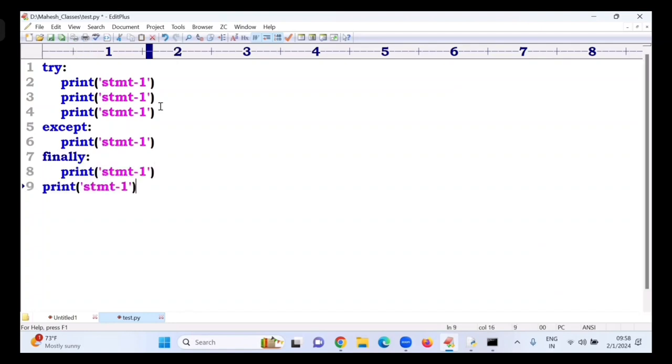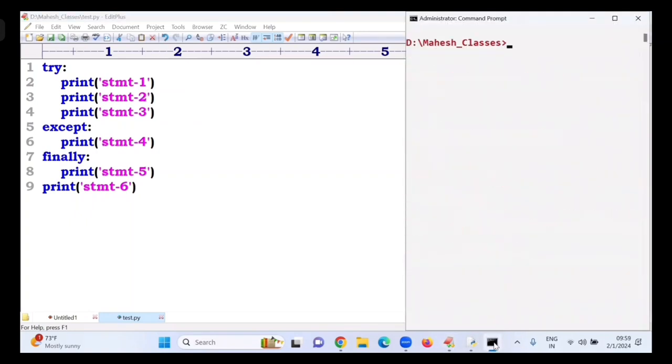This is the program. There is no exception, so automatically statements 1, 2, 3, 5, 6, normal termination.